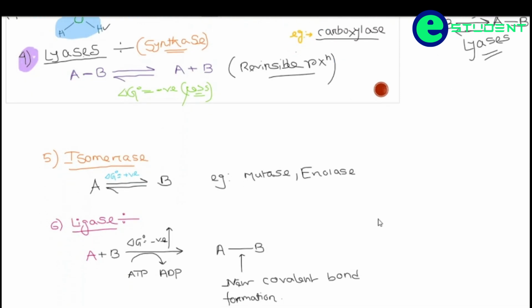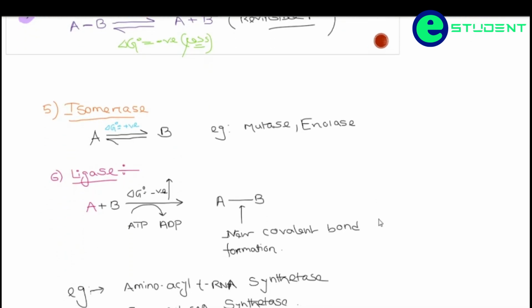Okay, now coming to the fifth type of enzyme, which is isomerase. Here a molecule A is converted into another molecule by just changing the position of a functional group in its molecular skeleton.